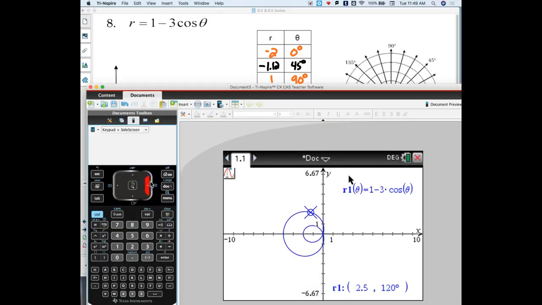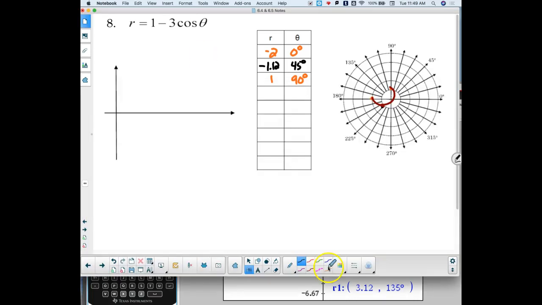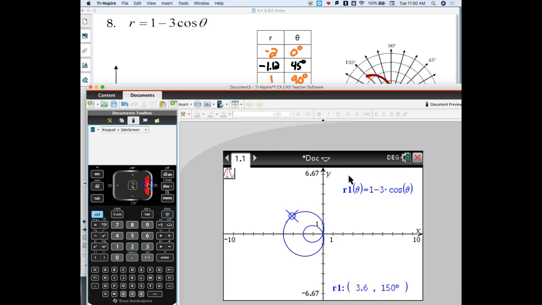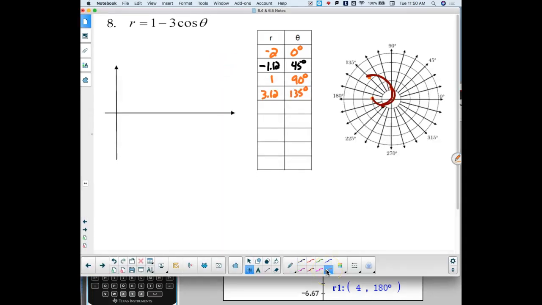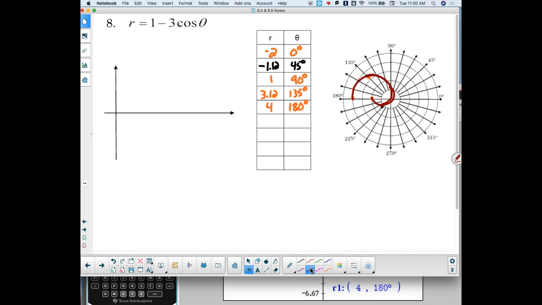Next one. 3.12, 135. Next one. 4, 180. That's going to bug me.